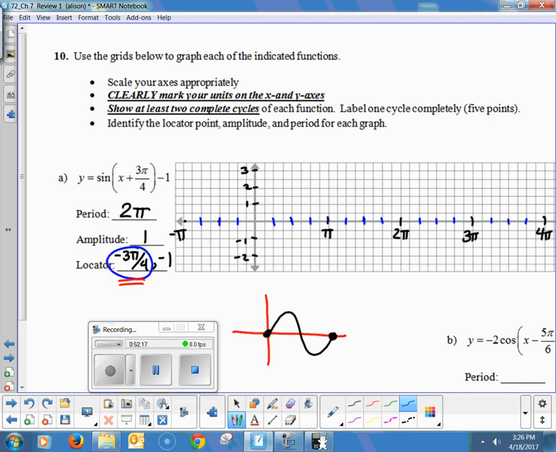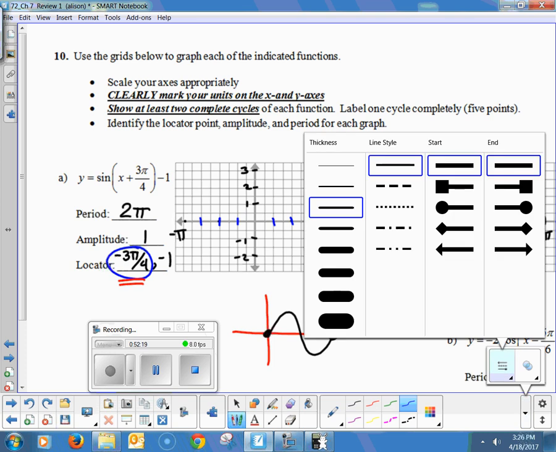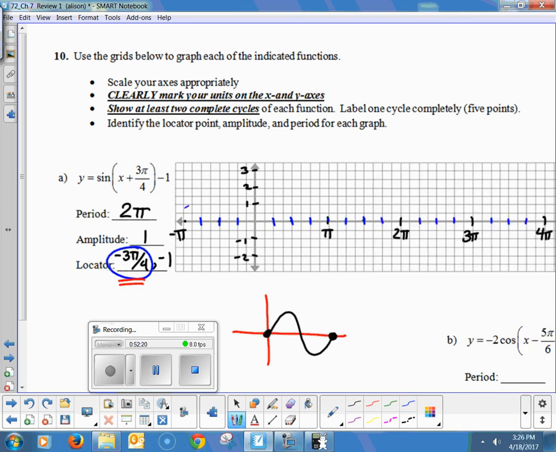There we go. This is -3 pi over 4. So I'm going to start at my locator, which is at -3 pi over 4, -1. That's the start point. We're going to finish one cycle later, or one period later, which is 2 pi.